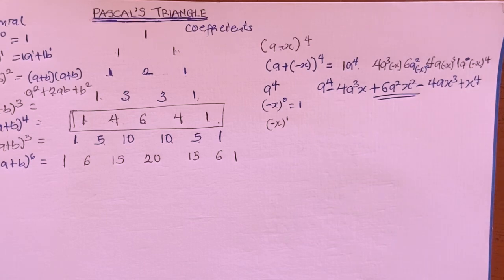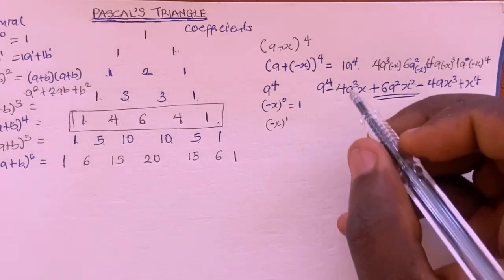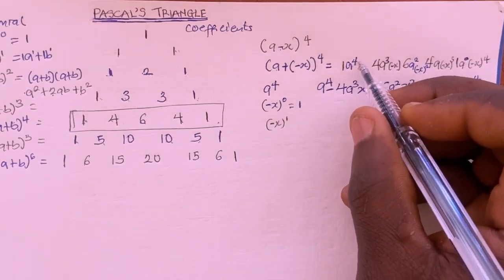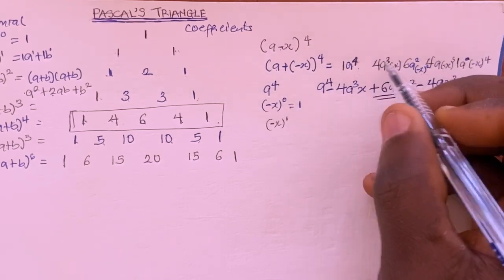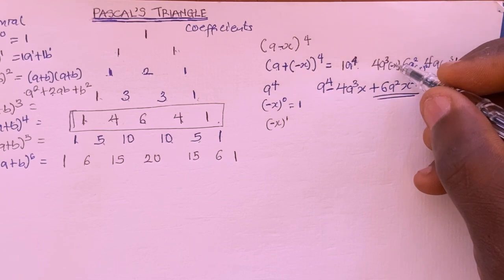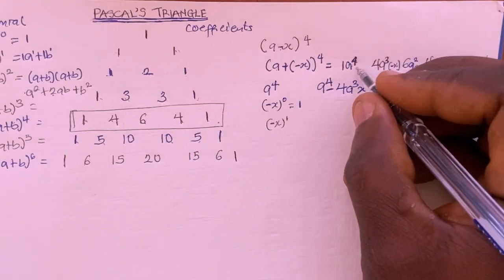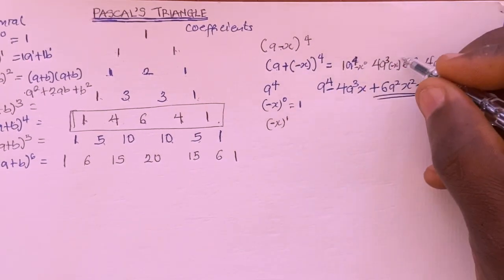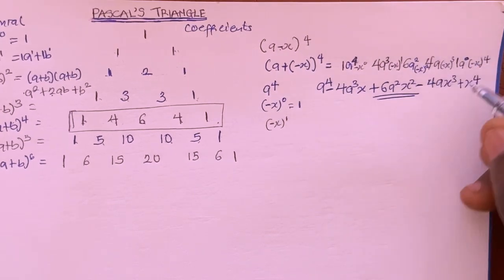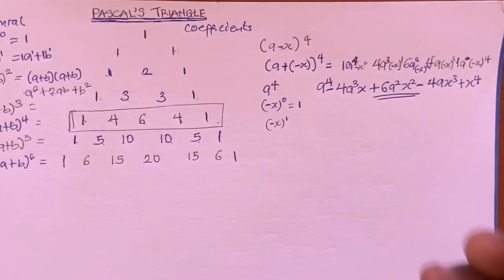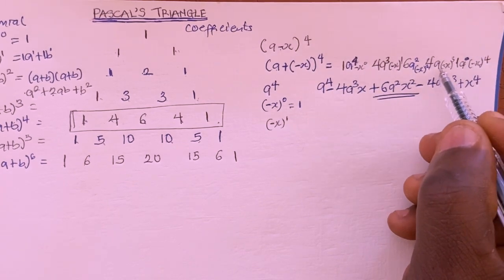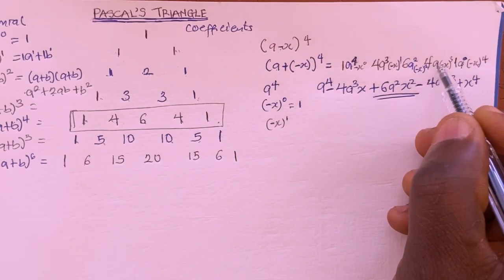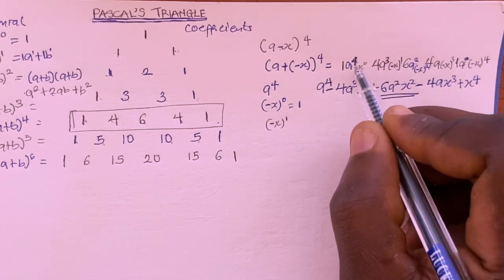But one thing I want you guys to understand here is that as the power of a increases, I have it raised to the power of 4 here. As it decreases, the power of x starts to increase. Here I'm having minus x to the power of 0, then 1, 2, 3, and 4. And for the power of a, I'm having 4 here, then 3, 2, 1, and 0.